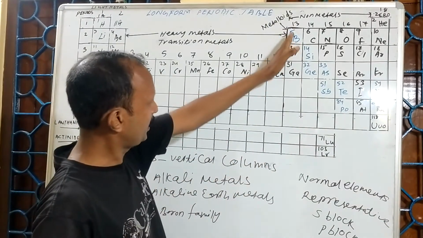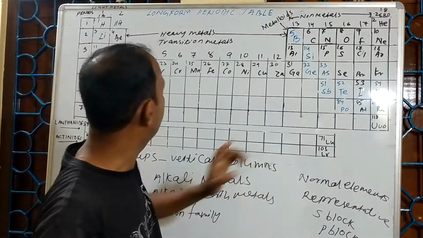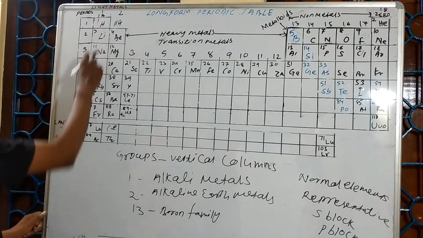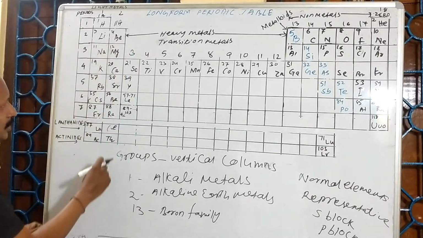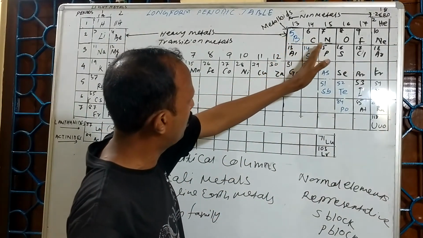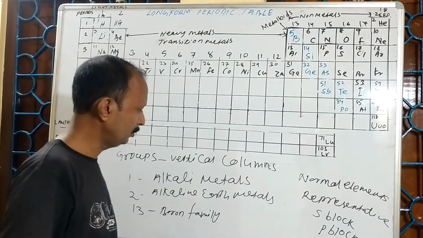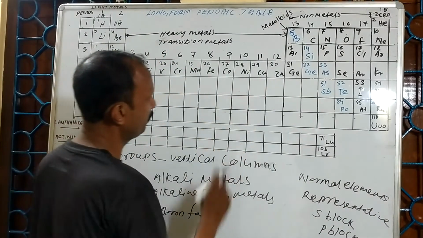All those elements here, their valency you will find 3. All having valency 3. Here those elements valency 1, those elements here valency 2. Okay. So here valency 3, 4, 3, 2, 1, like this. Okay. So this is the boron family.